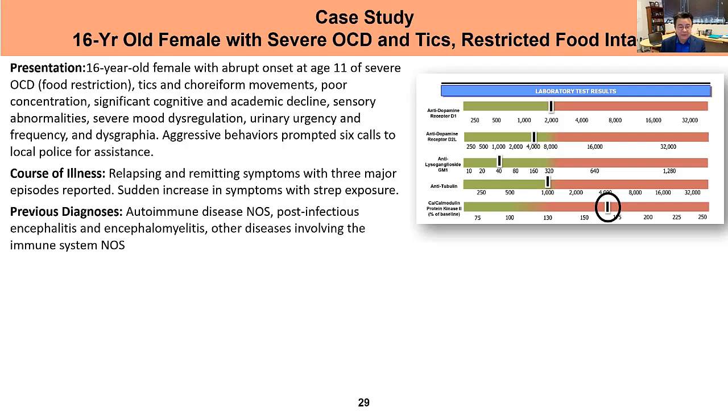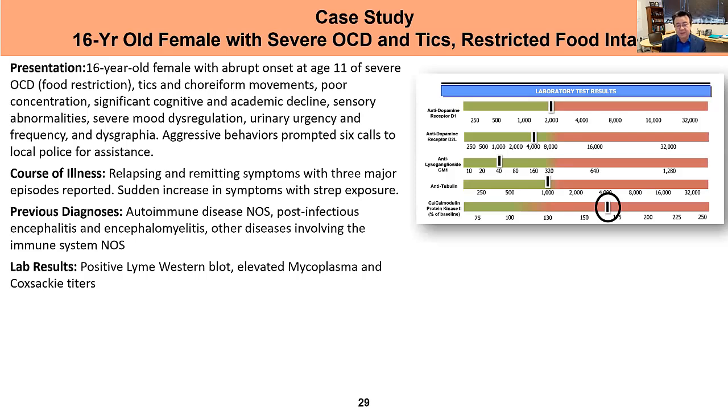She was diagnosed with post-infectious encephalitis and other diseases, but the lab results revealed that she actually was suffering from Lyme, mycoplasma, and Coxsackie virus, which is what happens sometimes when clinicians get a positive test here. They'll look for these certain typically identified organisms that have not been treated or appear to be subclinical.